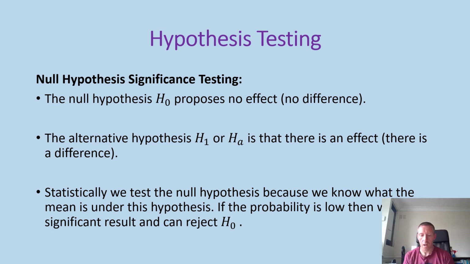Okay, so the p-value is an inverse measure of the strength of evidence against the null hypothesis. The smaller the p-value, the more unlikely it was that we get our results, and the more likely that the null hypothesis is not true, so that we could reject the null hypothesis.